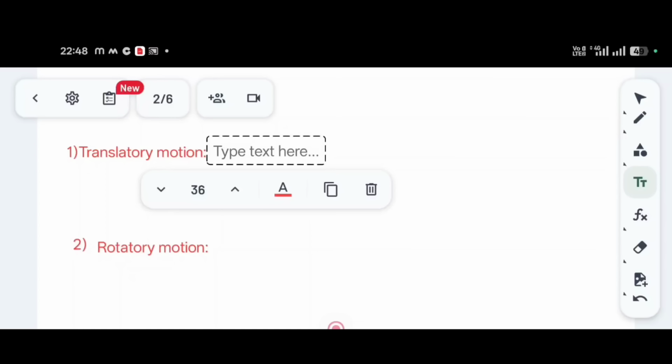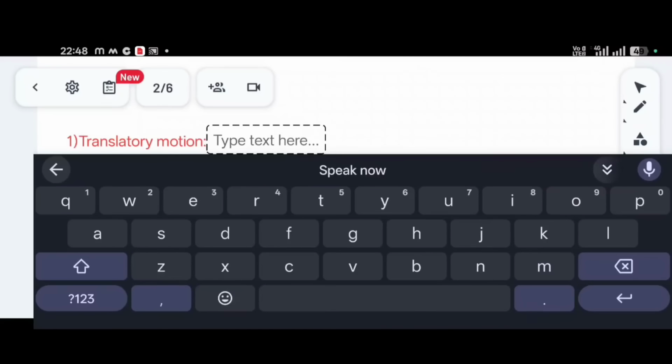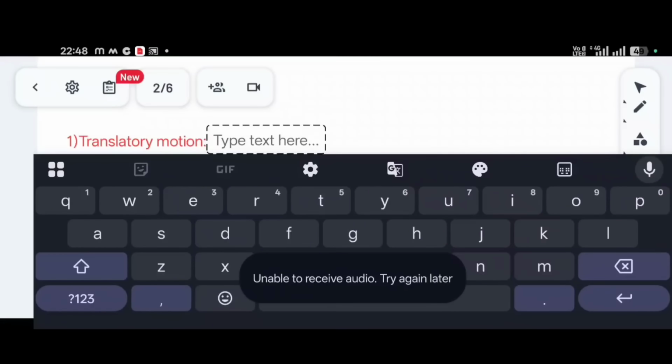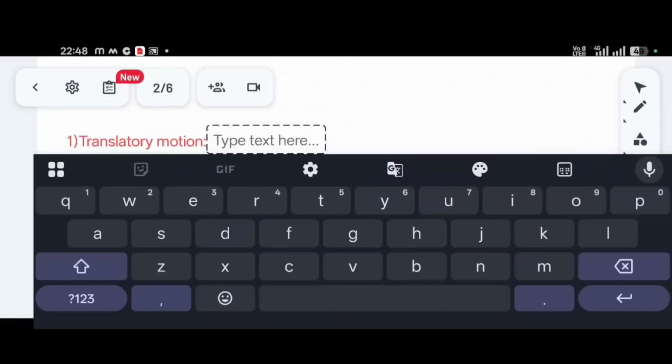Or we can write: a rigid body is said to have translatory motion when it moves such that all the particles of the body have the same direction.